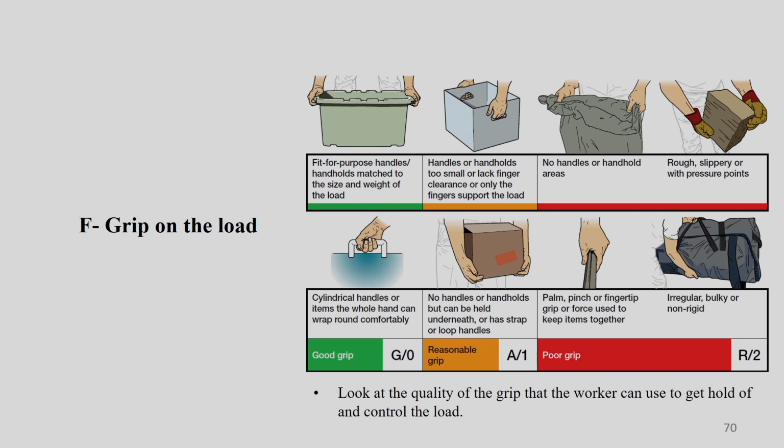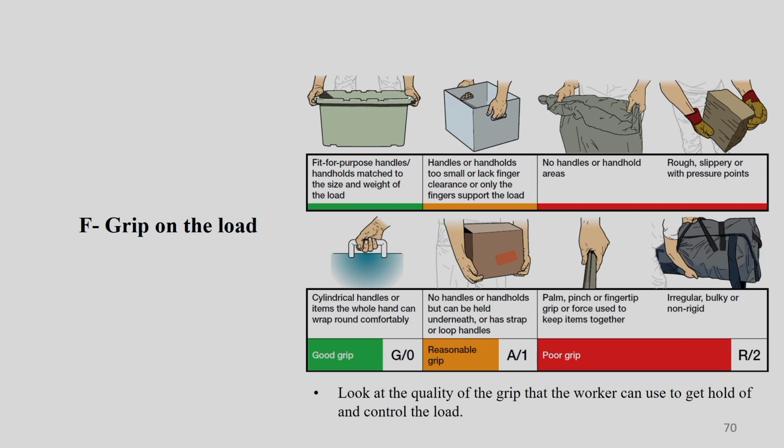For such cases, palm pinch or fingertip grip, or force used to keep the items together. So you have to hold it very tight. In those cases also it is red. Irregular, bulky or non-rigid, for such cases also it is red.